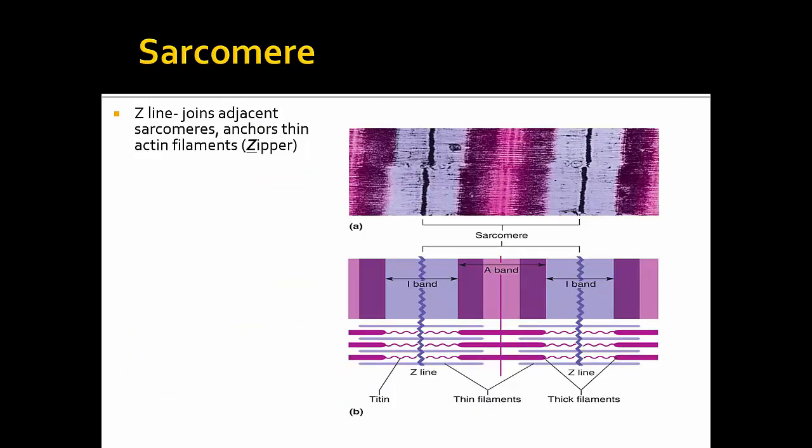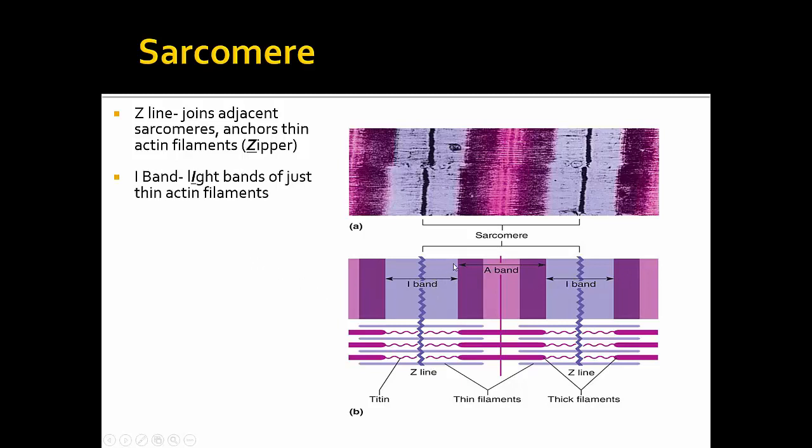More on that sarcomere. It has quite a few parts that are important, okay? First, we'll start by looking at the Z line. So a sarcomere goes technically from Z line to Z line, but they're all lined up end on end to each other. But they go from Z line to Z line, so that would be a single sarcomere.